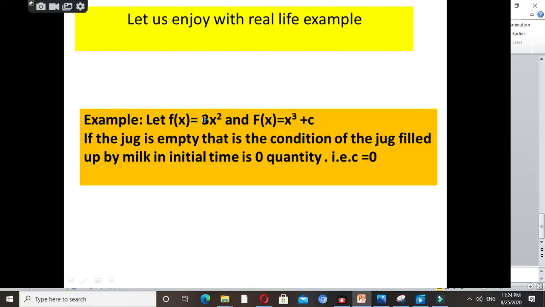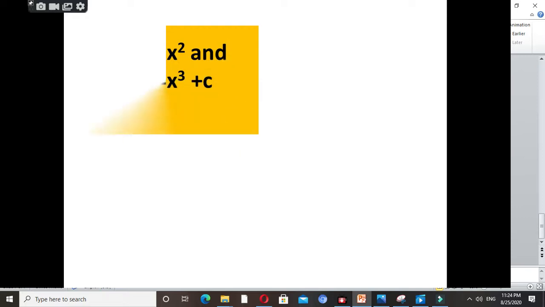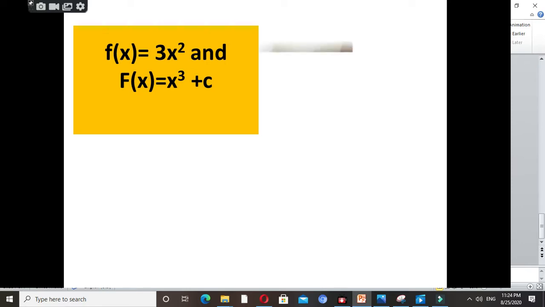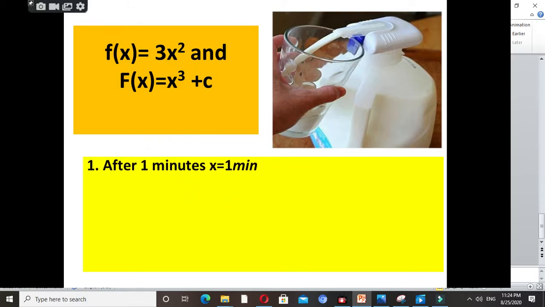We can see a picture of a tap. Now we have two functions, one integrated function and one derivable function. We have a pot and a glass, and milk is coming from the pot into the glass. Now the pot is full of milk and the glass is empty in the initial case.